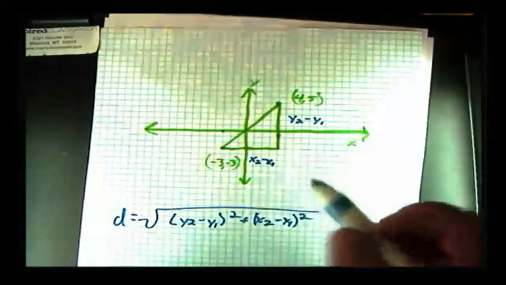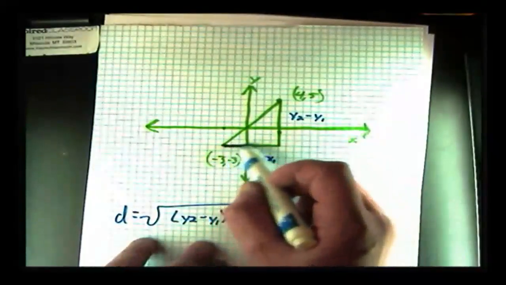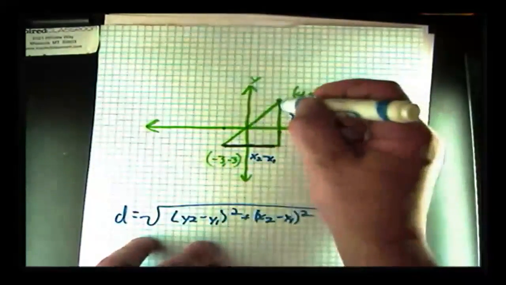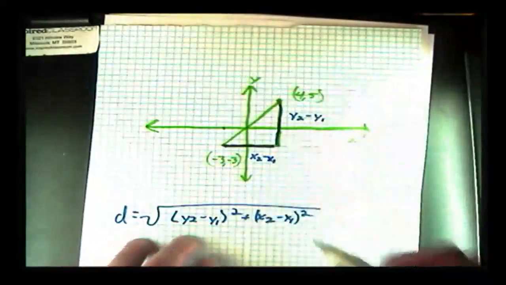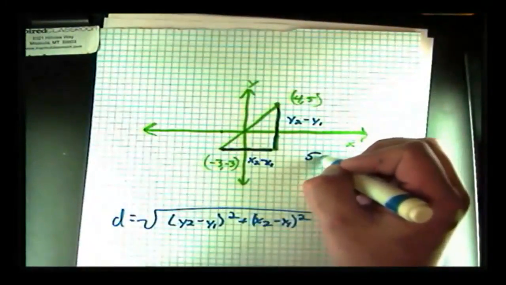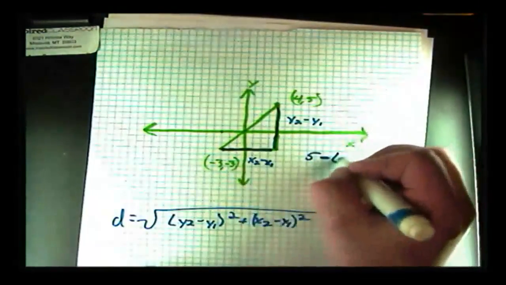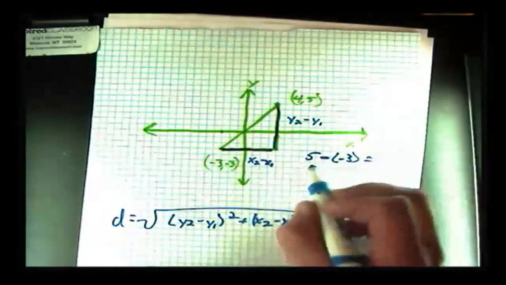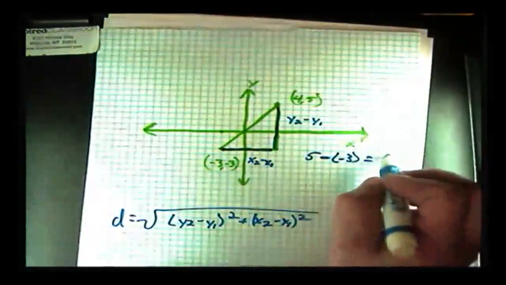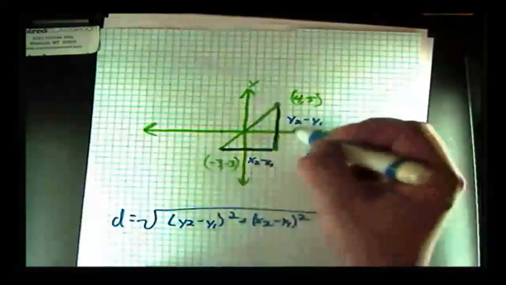So this distance is x2 minus x1, and this distance is y2 minus y1. So y2 is 5. 5 minus y1. y1 is negative 3. So minus a negative 3 is actually 5 plus 3, so that's going to be an 8. An 8 in the y, so this is an 8.